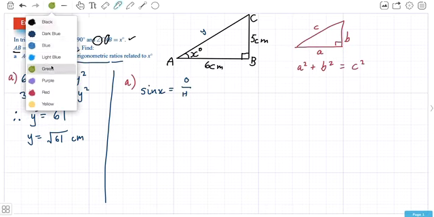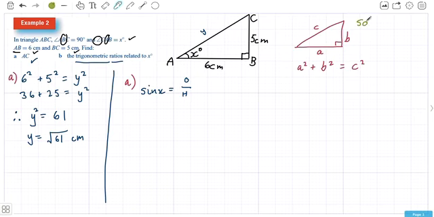That's really handy to remember. It tells you about the trig ratios. So in this case, opposite is 5 over the hypotenuse, which we know now, we can actually put that into our picture as square root of 61. Square root of 61 can't be simplified any further, so that's it for sine x.